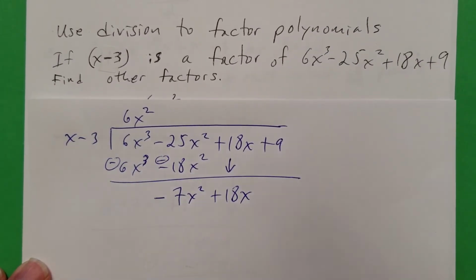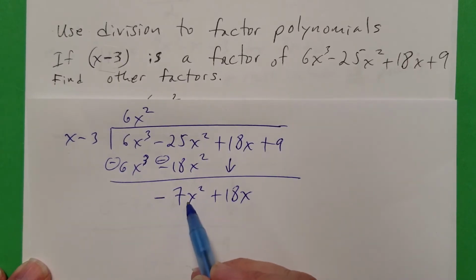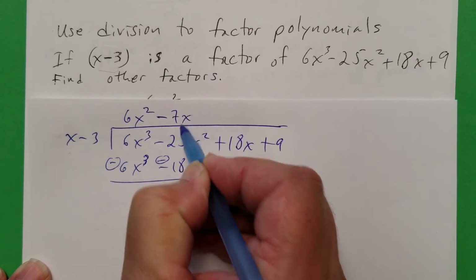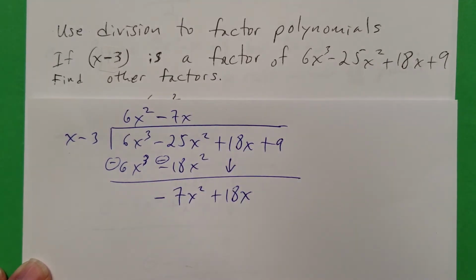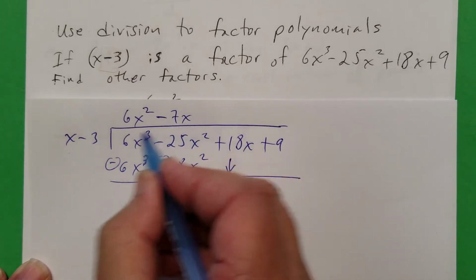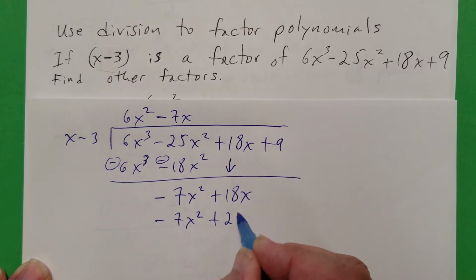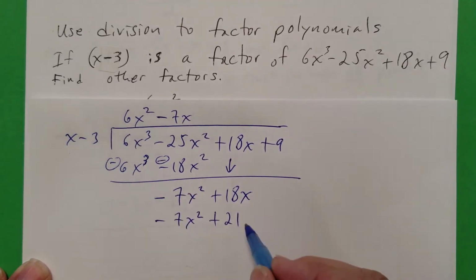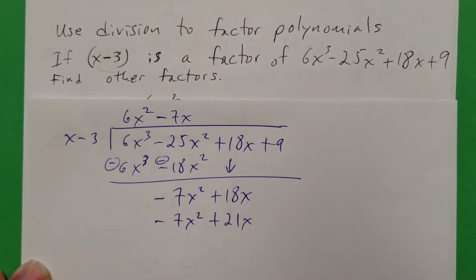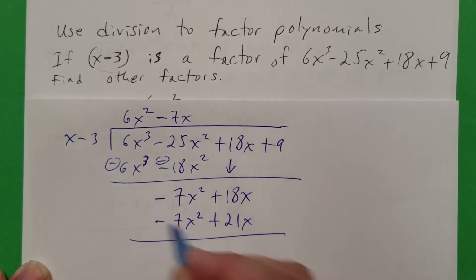And do it all over again. X into negative 7x squared is negative 7x. Negative 7 times x is negative 7x squared. Negative 7x times negative 3 is positive 21x, right? Subtract, right?